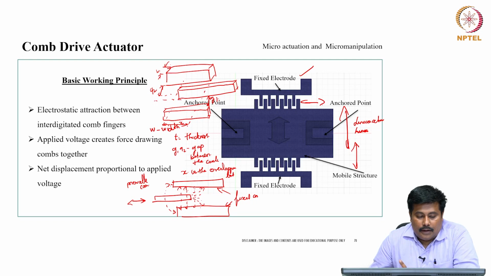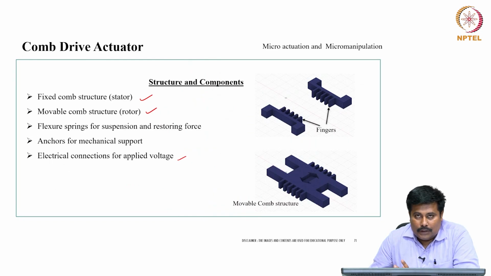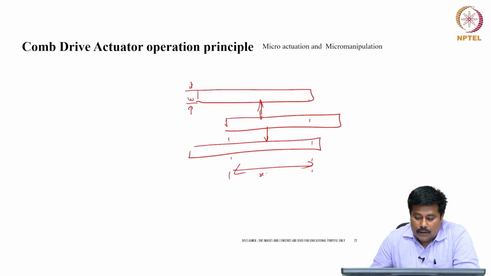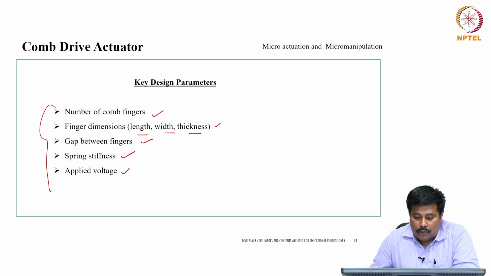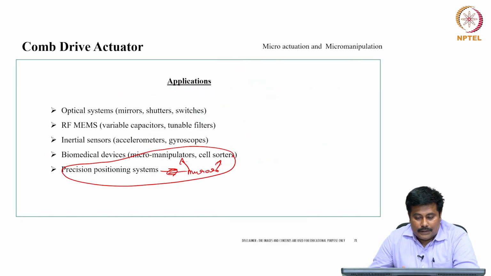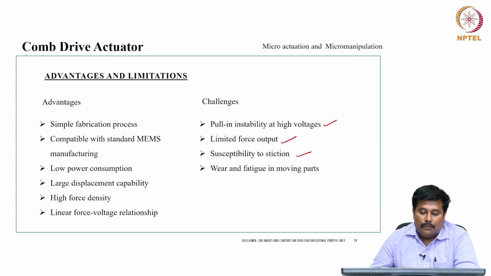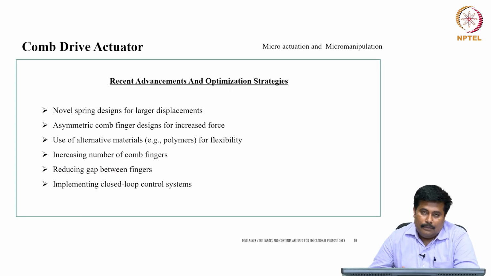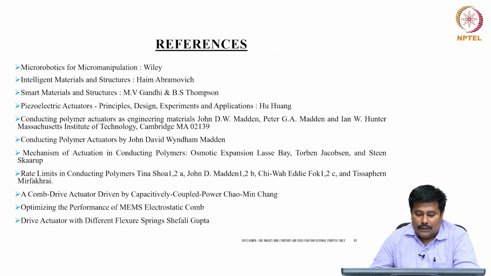What are the different characteristics of a comb drive actuator, the structural components involved, the basic operation involved, the overall force generation, and key design parameters, as well as the different types of comb drive actuators with suitable applications, advantages and limitations, and the recent advancements and future directions.